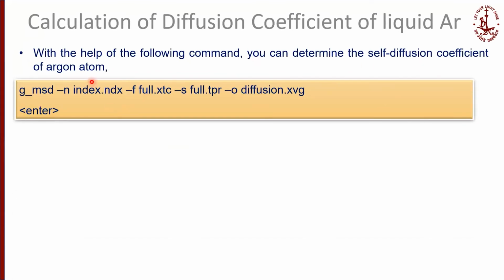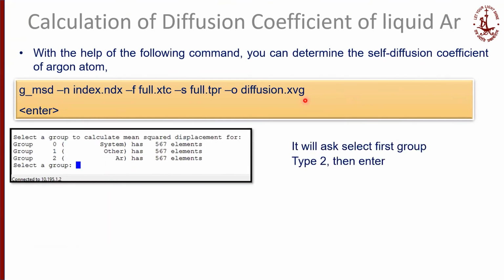Now, similarly, you can also calculate dynamic properties like the diffusion coefficient. With the help of the command g_msd, mean square displacement, it uses the mean square displacement method to calculate the diffusion coefficient. The input files required are the same. The output file name will be different, diffusion.xvg. Again, it will ask you to select one group. Any group you can select because all of them are argon only.